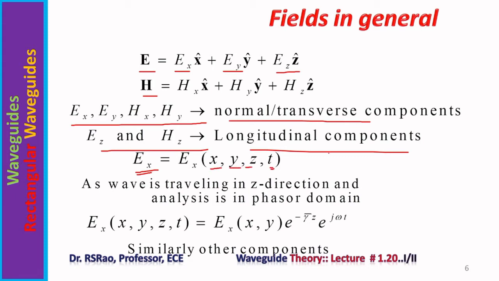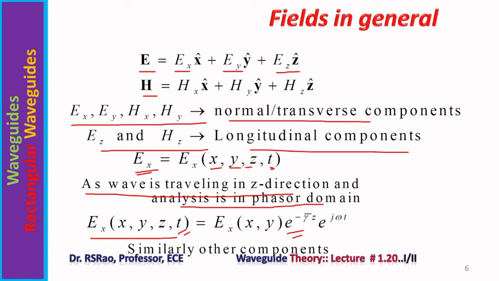Note, a wave is the property of a dynamic field. Dynamic field means something which is varying with respect to time. So the field varies with respect to time, as this field belongs to a wave. Ex is a function of x, y, z, t in general. The wave is traveling in the z direction, and the analysis is in the phasor domain. Therefore, z dependence can be expressed as e power minus gamma z.